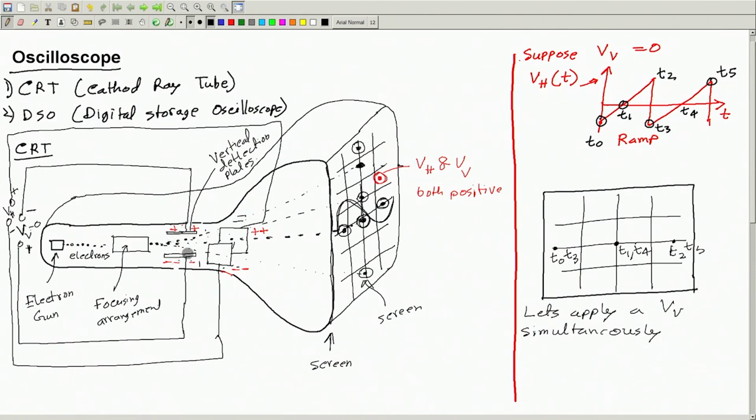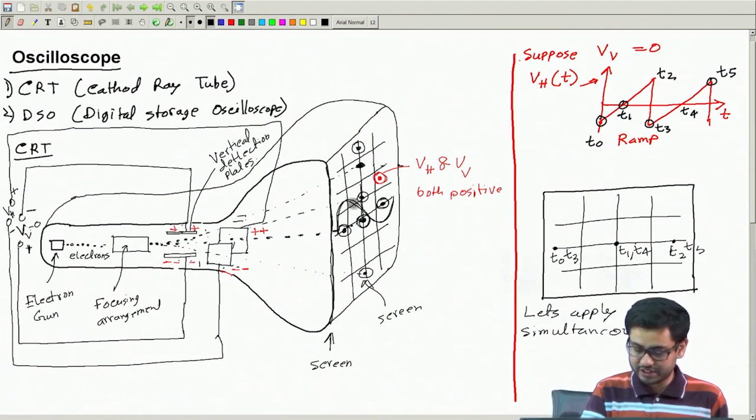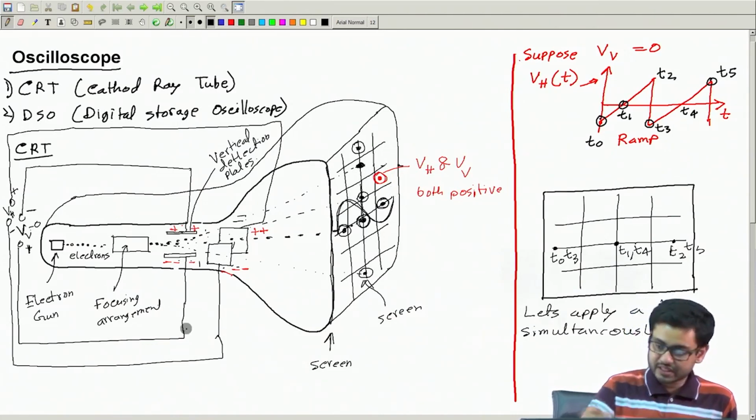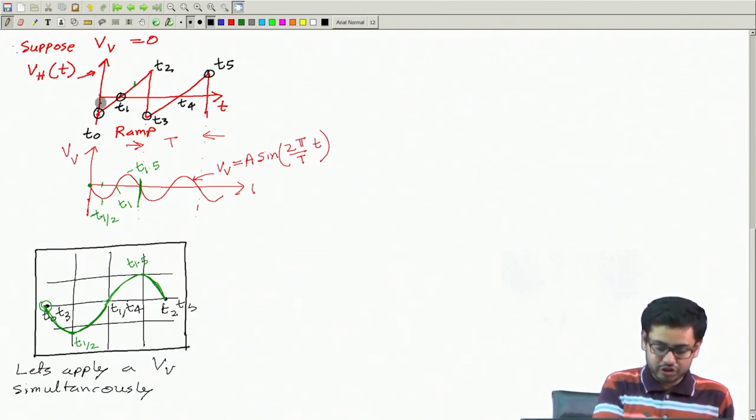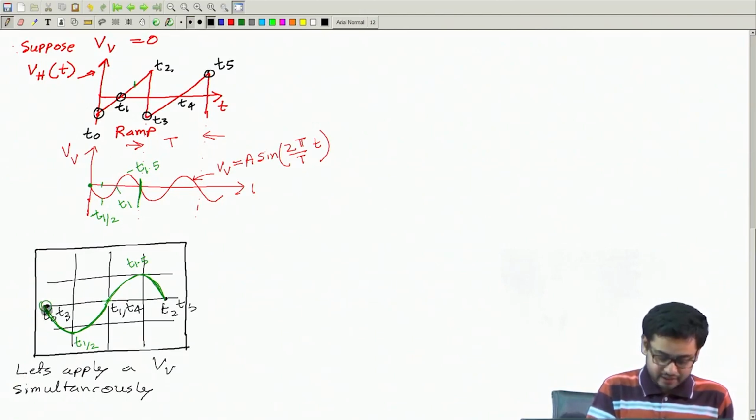Wherever it hits, a bright spot appears there. And if you are changing these two voltages here and here, then that spot will move continuously on the screen, and that can generate patterns like a sine wave, etc. In the previous class, we took a specific example where we apply this ramp signal across the horizontal deflecting plate and the sine wave across the vertical deflection plate, and therefore we saw that the spot moves in the form of a sine wave like this.